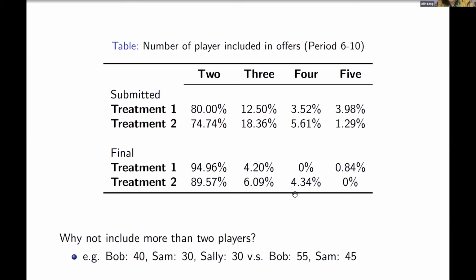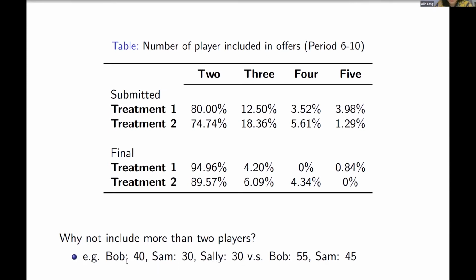Usually in each period, there is 1 seller left out from any coalition, and the payoff to that excluded seller is 0. Then why not include the seller and give him some positive payoff? Let's look at an example. So now Bob, Sam, and Sally, the 3 of them, are in a coalition.